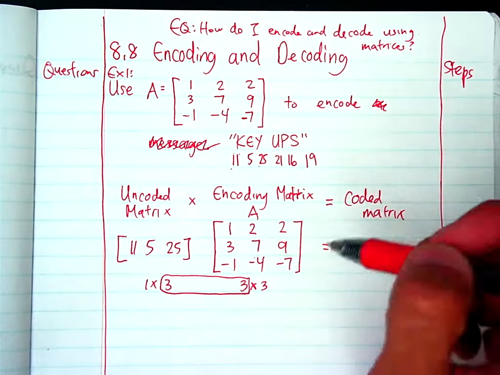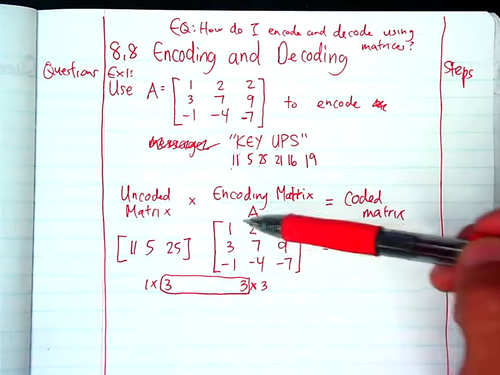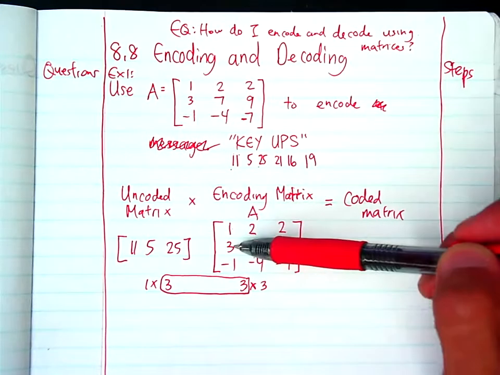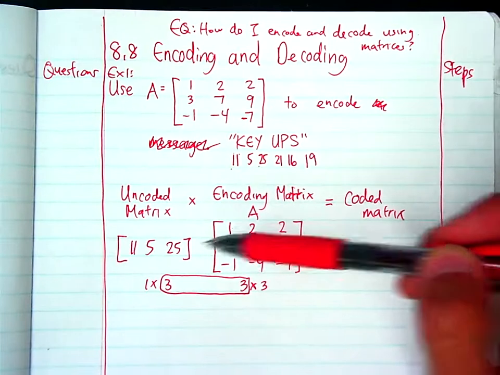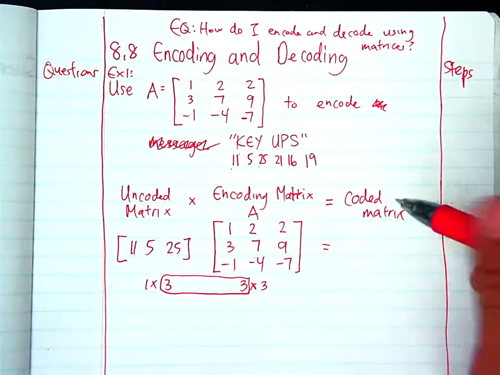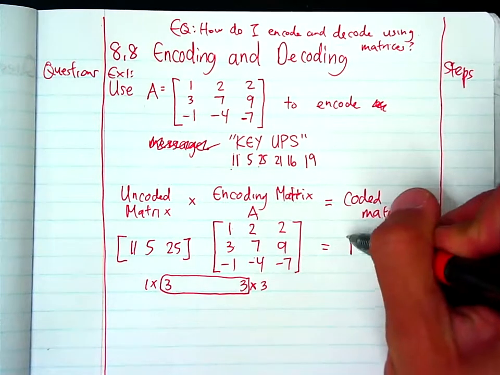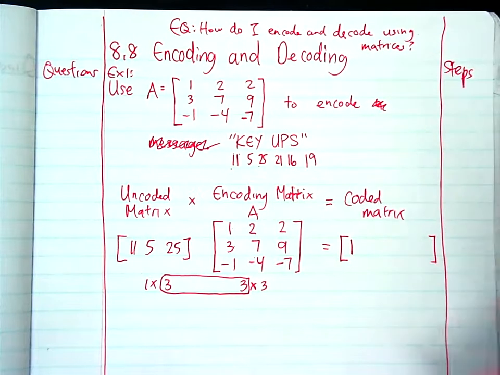11 times 1 is 11, plus 5 times 3 is 15. So 15 plus 11 is 26. And then 25 times negative 1 is negative 25. So it would be 26 plus negative 25, which is 1.